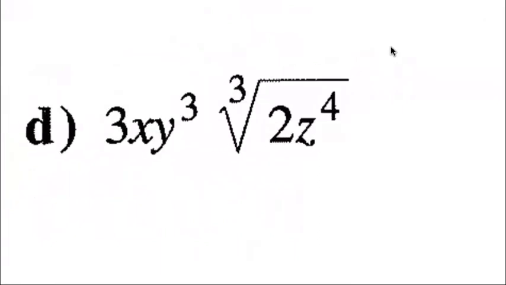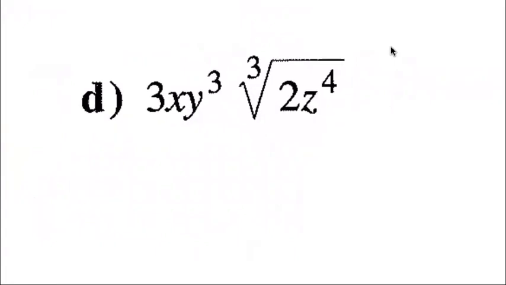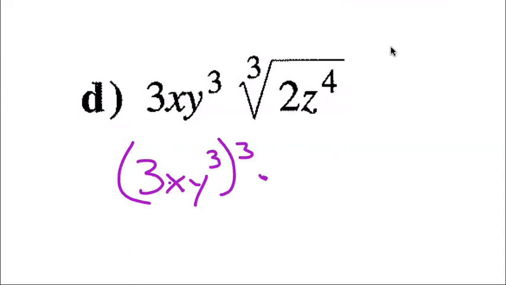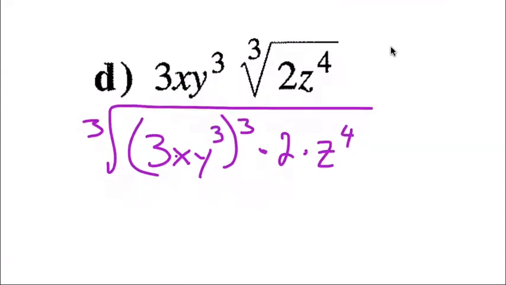3xy cubed times the cube root of 2z to the 4th. So this is cubed. So now this 3xy cubed, oh, wrong, y cubed, sorry. xy cubed all gets cubed, putting it back in, times 2 times z to the 4th. That's all under the cube root sign.